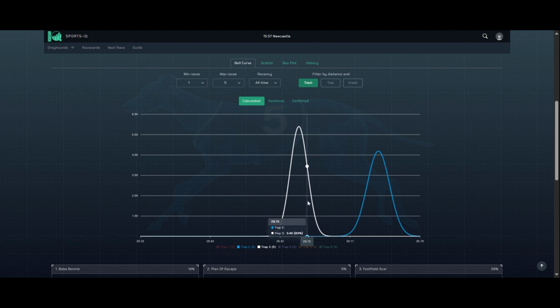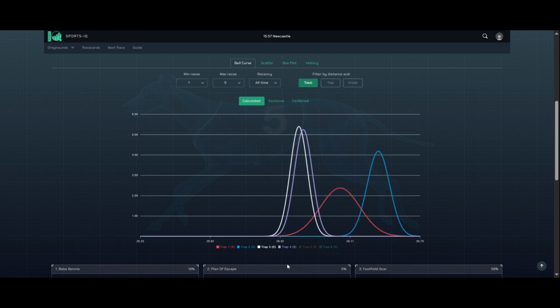So even on trap 3's slowest day, it should still be running faster, or more probable than running faster than trap 2. If we now introduce another dog into the race, so trap 1 in red here, we can see it sits somewhere between those two traps in time, with a bit more of overlapping potential times.